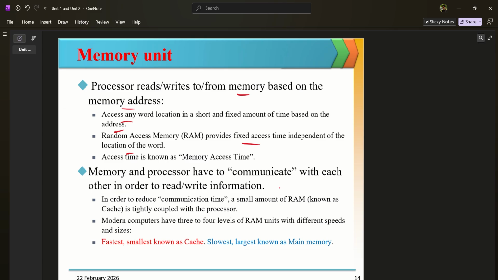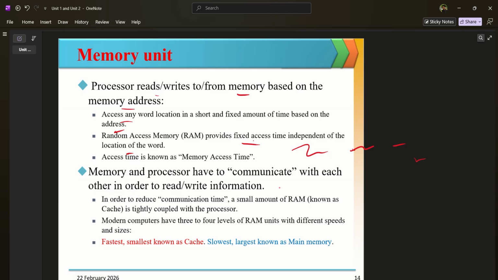The random access memory provides fixed access time independent of the location of the word. There is no order in which these memory bits are stored, so there is no time difference between accessing one word and another.